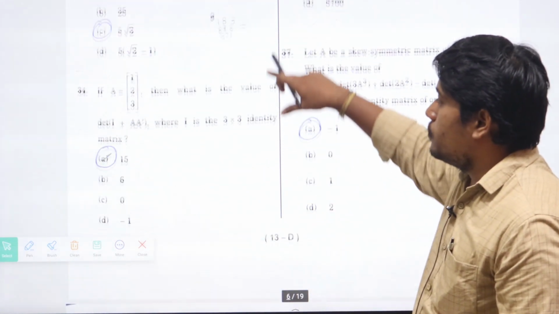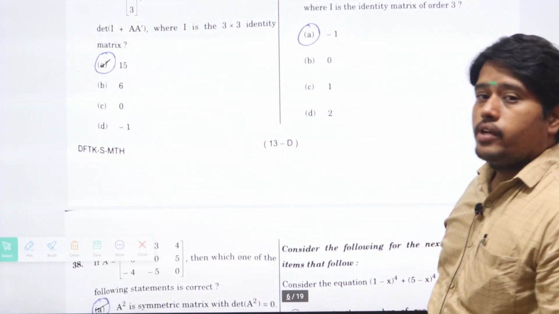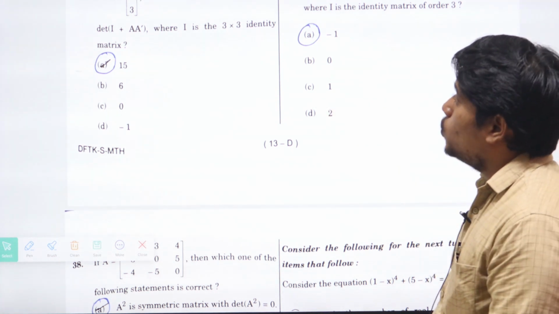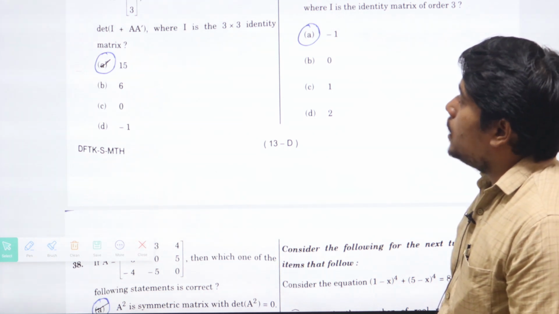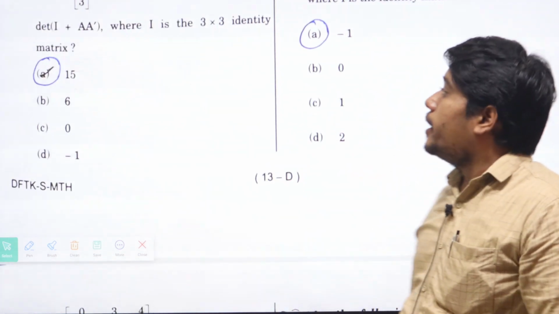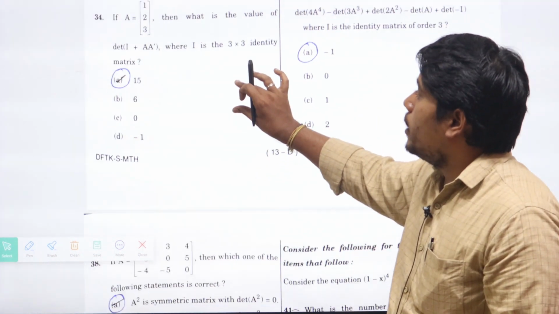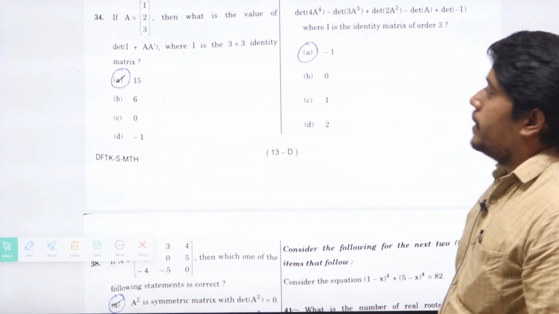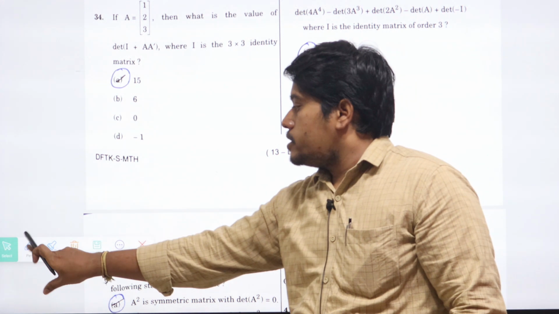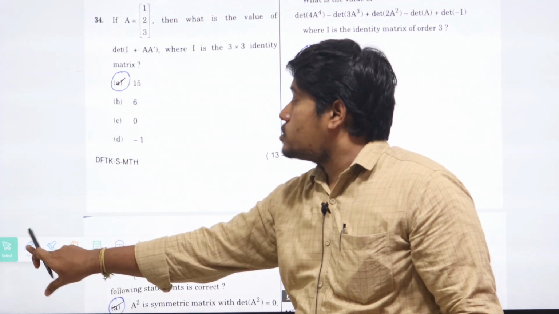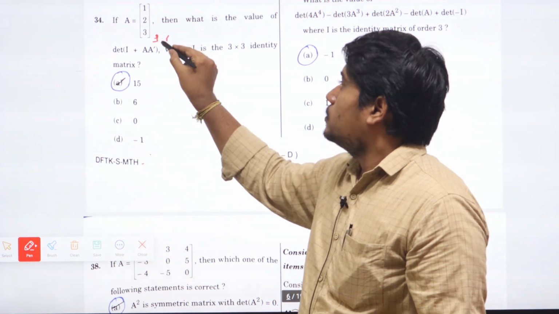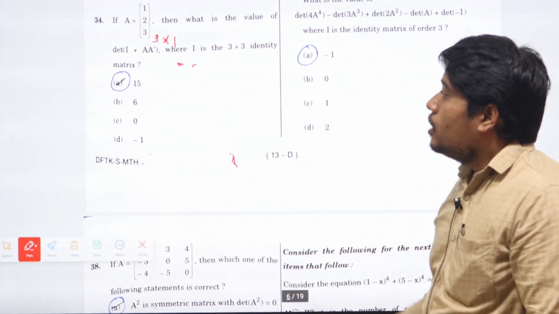Next, question number 34. If A is a column matrix 1, 2, 3, then what is the value of the determinant of I plus A dash, where I is the identity matrix? A, which is a column matrix, contains 3 rows and 1 column.